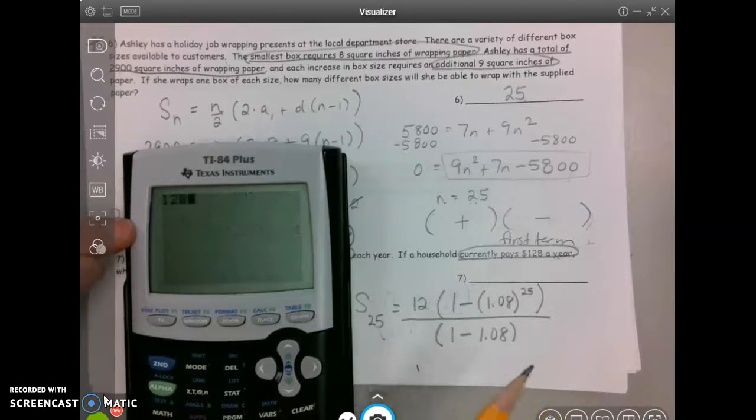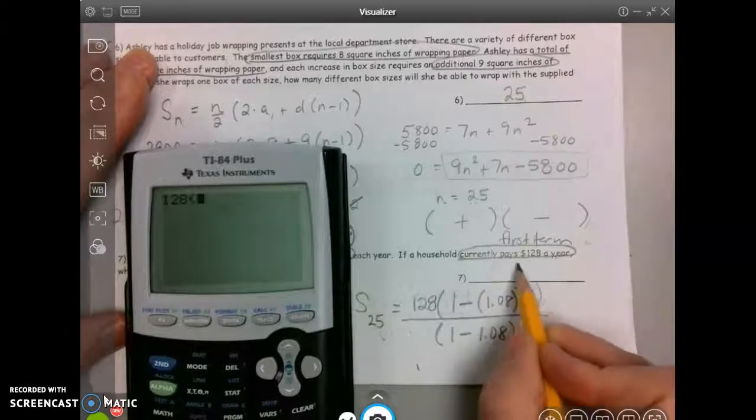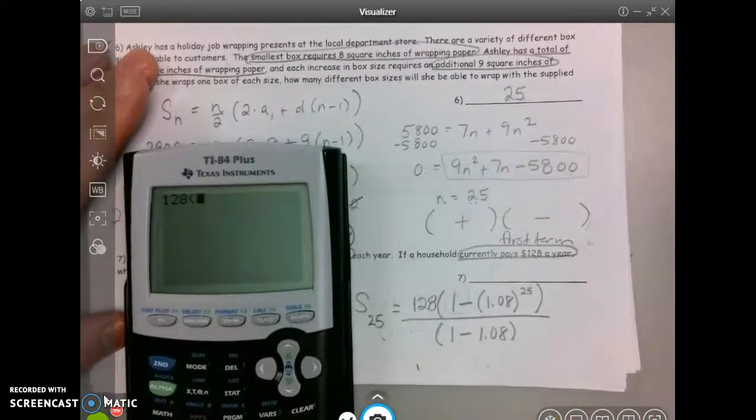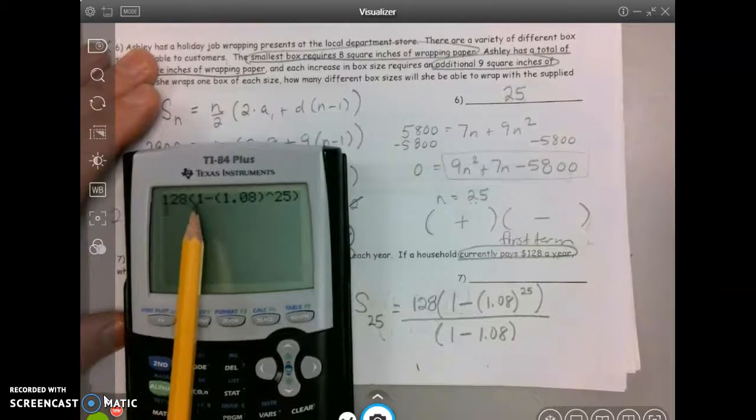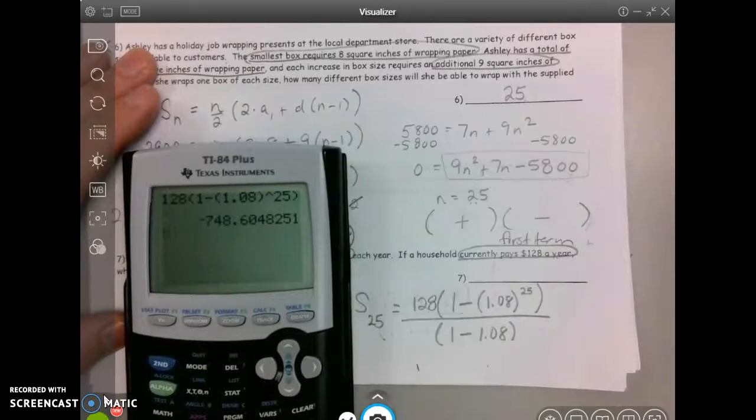So let's try that again. The first term was 128, not 12, I think because I wrote it wrong here. So 128 times 1 minus 1.08. Oops, I wanted to put that 1.08 in parentheses to the 25th power. So let's make sure I type this in correctly: 128, 1 minus, in parentheses, 1.08 to the 25th. There we go, that looks a lot better. Then I'm going to divide by 1 minus 1.08.